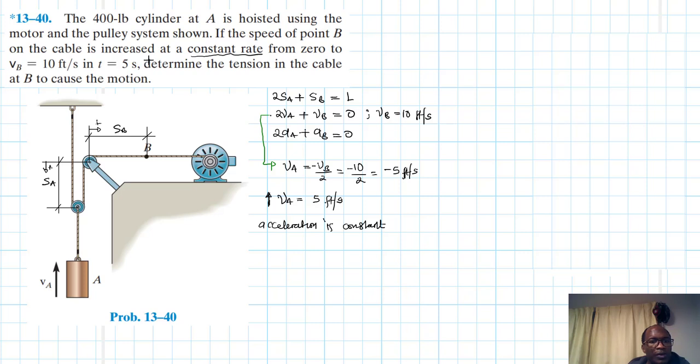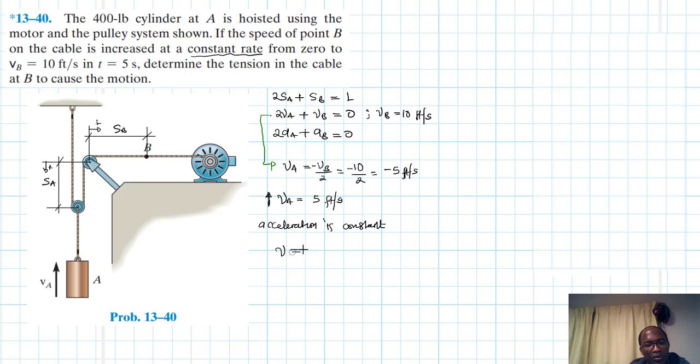If the speed is increased at a constant rate from 0 to VB equal to 10 feet per second in t equal to 5 seconds, let's find the acceleration.